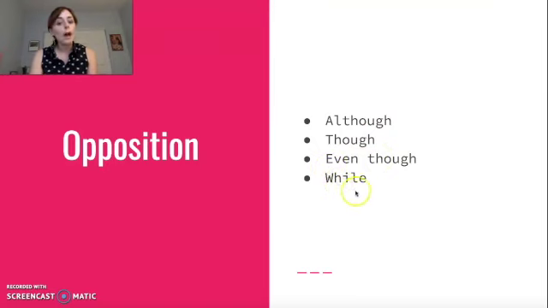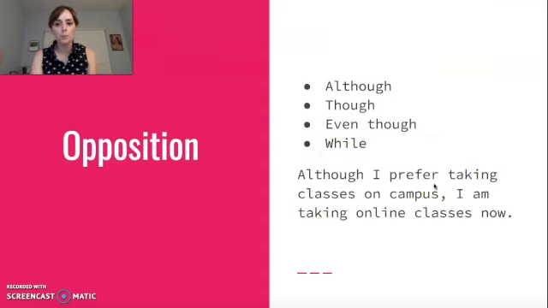Okay? While is a little bit of a tricky one because we can also use this as a time function, but right now we're just going to focus on while as an opposition to show an opposition relationship, and we'll look at all of these now.